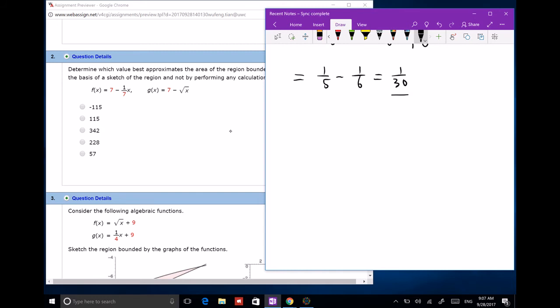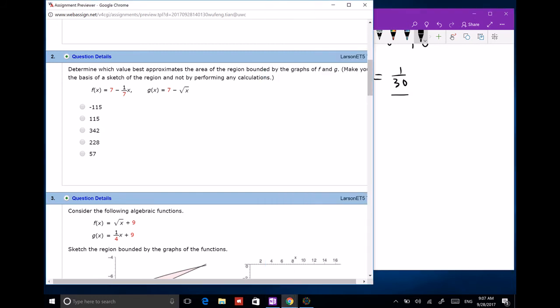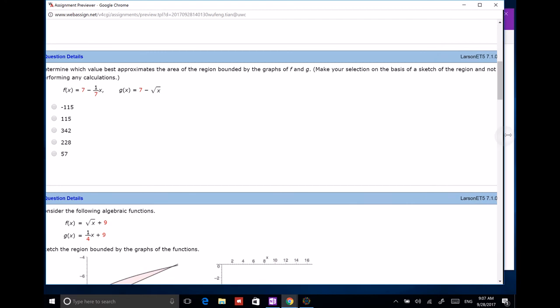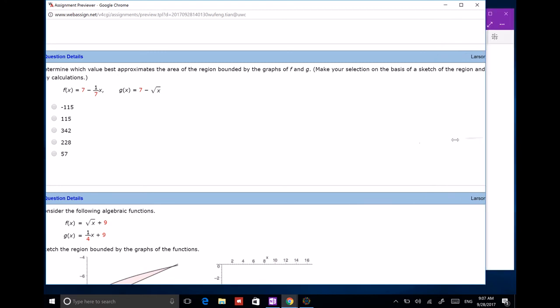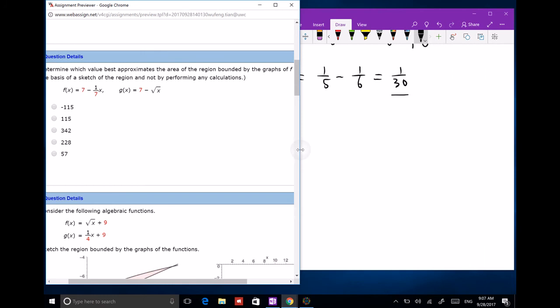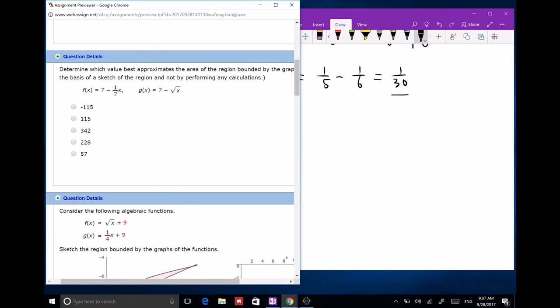You can use a graphing calculator. It says make your selection on the basis of a sketch of the region and not by performing any calculations. So basically it asks you to do an estimation, okay?